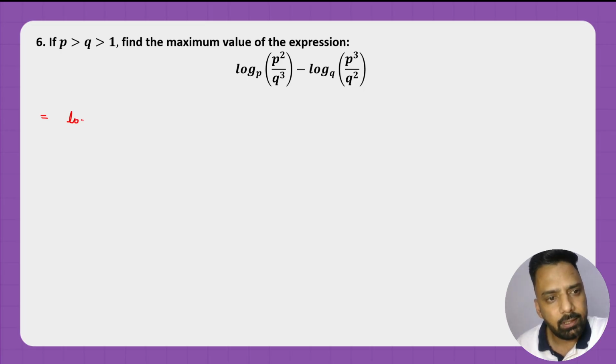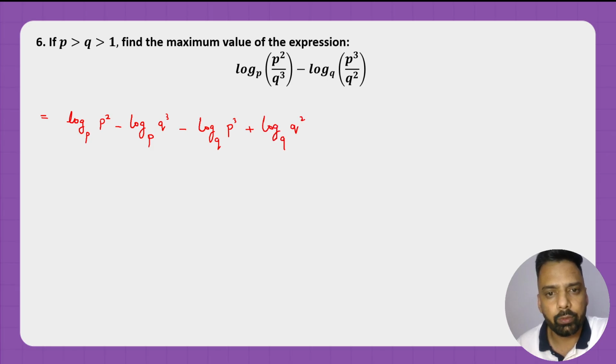Okay, let's say I can write it as log p square minus log p q cube minus log q p cube and plus log q square. Log q square, so 2 will come out, 2 times. I can write it as log base p हो जाएगा ये minus log p.